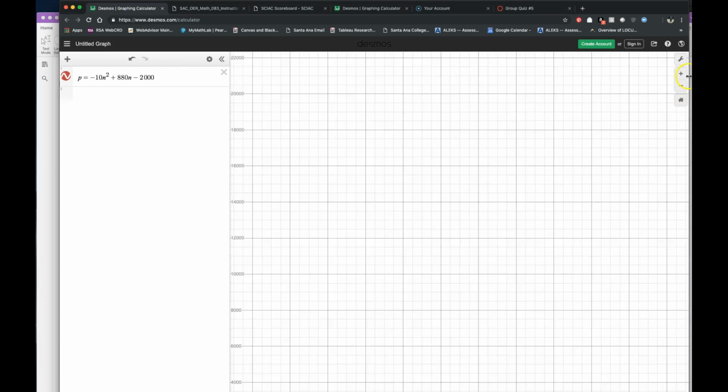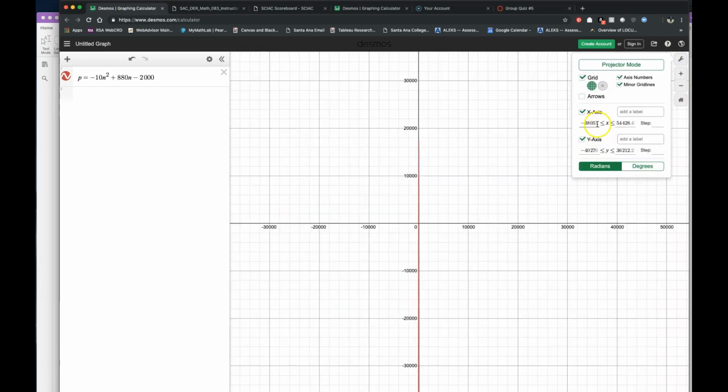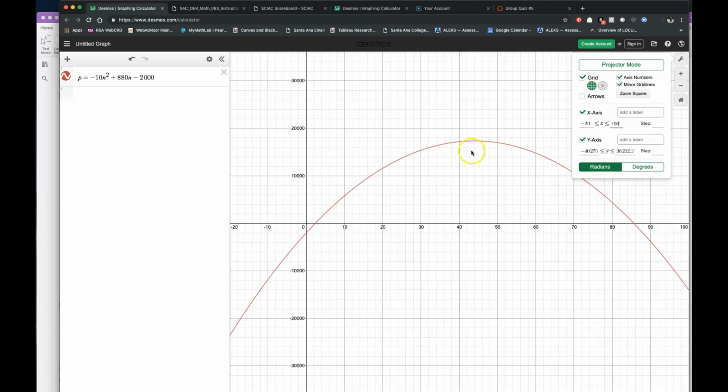This is where you would go to the wrench, x-axis here, -20 to 100, and then you can see the graph comes in. And if I needed to change the y, I would have gone from 0 to 20,000, but it fit for us there.